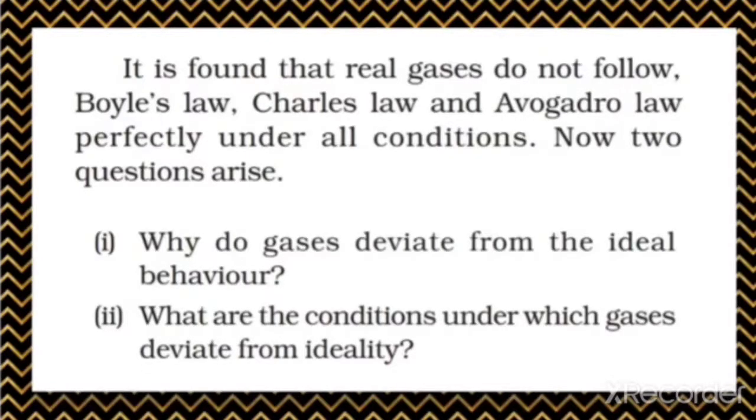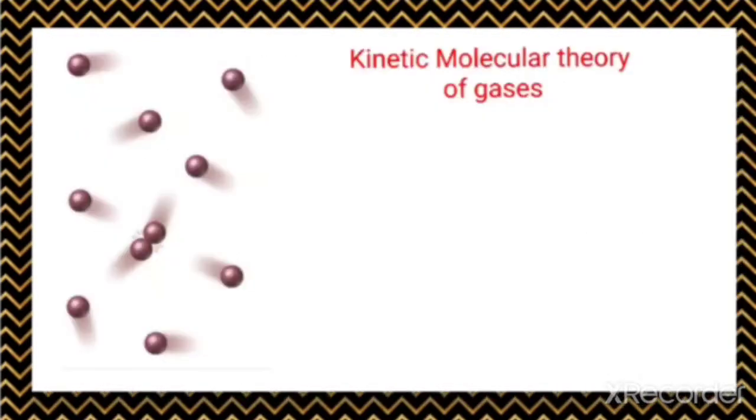Why do gases deviate from ideal behavior? What are the conditions under which gases deviate from ideality? We get the answer to the first question if we look at the postulates of the kinetic theory once again. We find that two assumptions of the kinetic theory do not hold good.